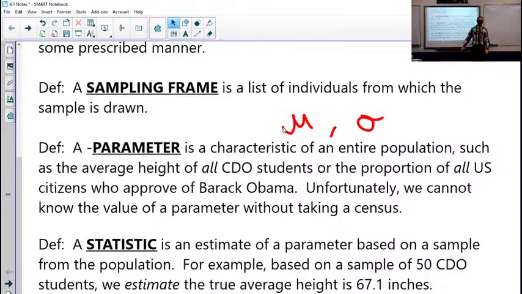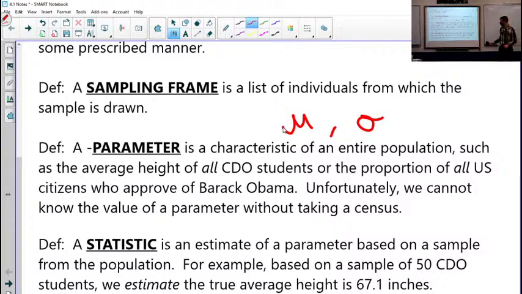This is if you're talking about the mean of the entire population, the standard deviation of the entire population. And this is usually talking about a thing that we want to estimate. Usually we don't actually know what the mean of the whole population is. So a lot of the time, what we're going to use is our estimate of the mean and standard deviation from the sample. And that's what we're going to call a statistic.